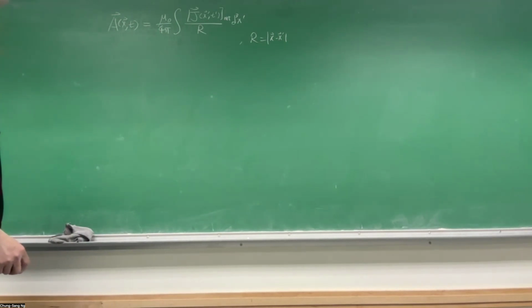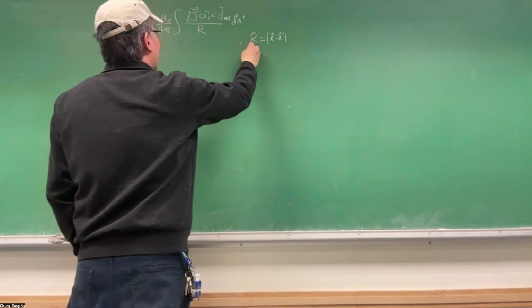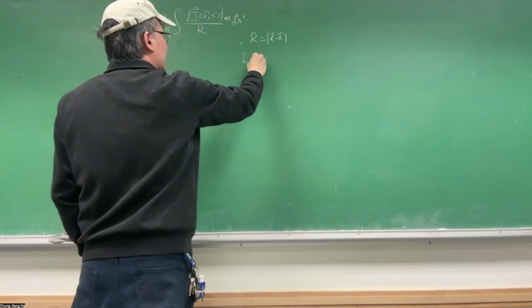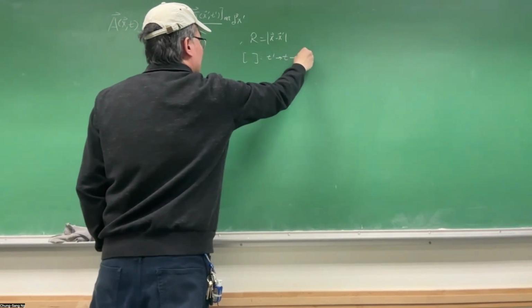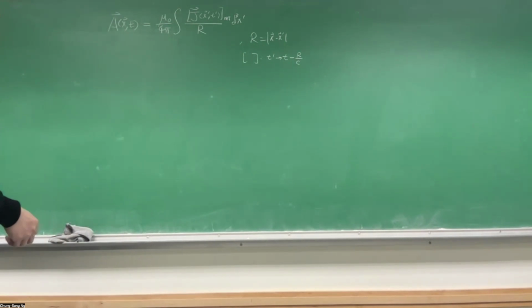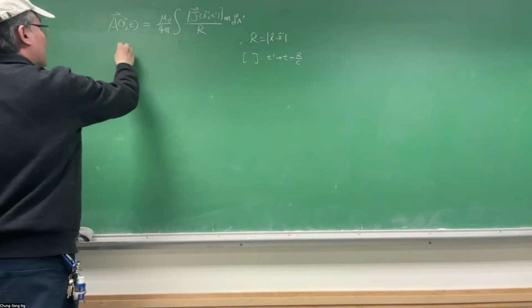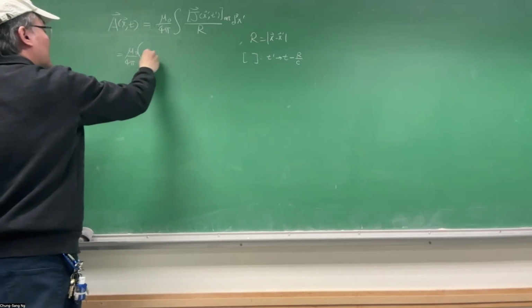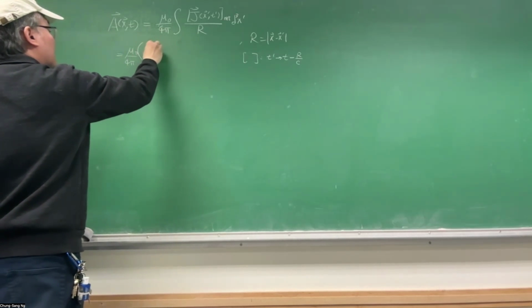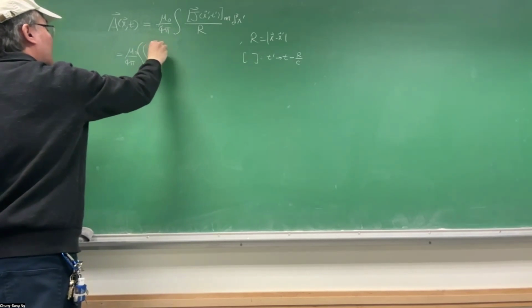Right. And the retarded bracket actually means t' changes to t minus R over c. Evaluate that. In some sense, instead of using a retarded bracket, you can do another integration over t'.